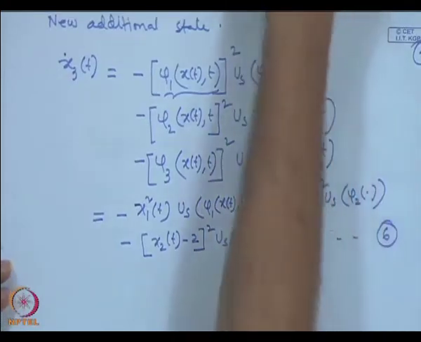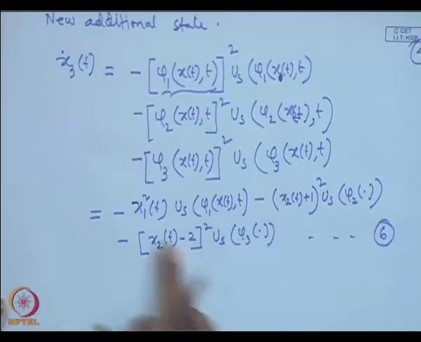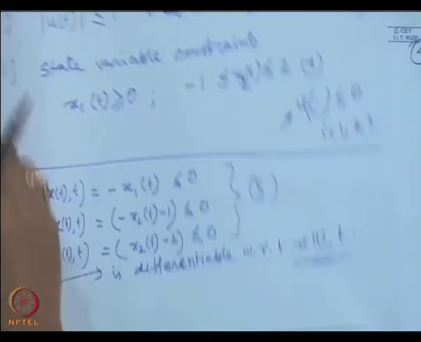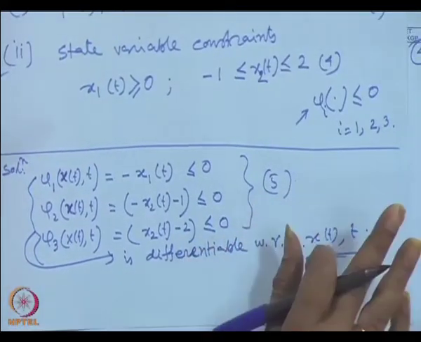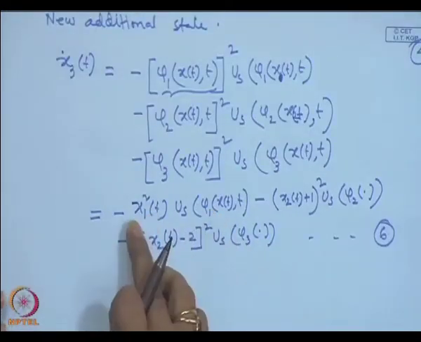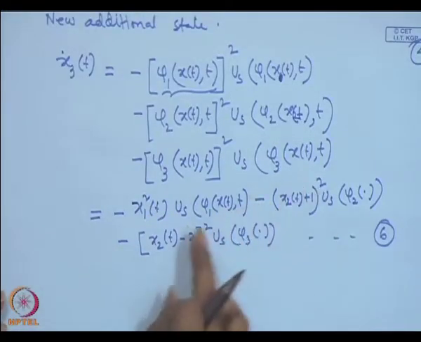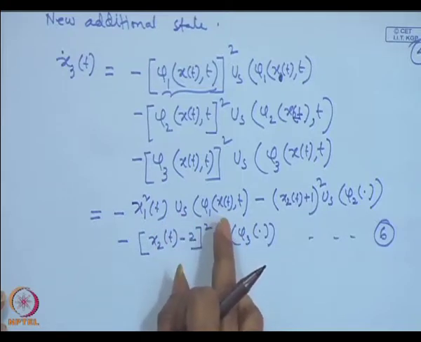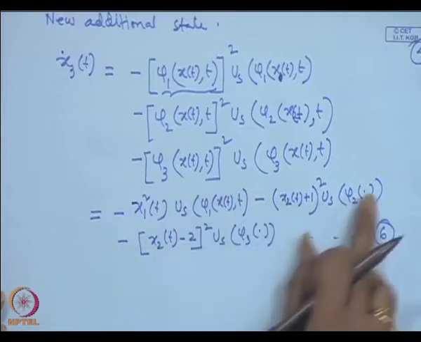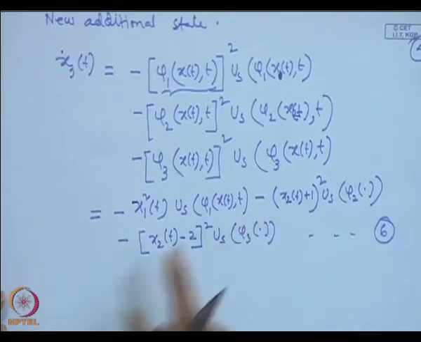Now, you see equation 6 is 0 when all the constraints in 5 are true. If all the constraints psi 1, psi 2 are satisfied, that means each is less than or equal to 0, so this value will be 0, this value will be 0, this value will be 0.